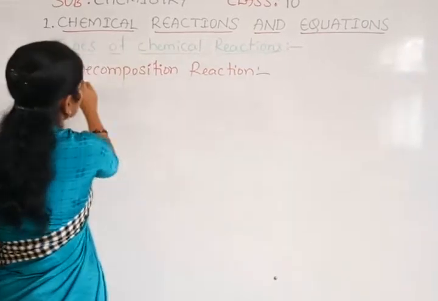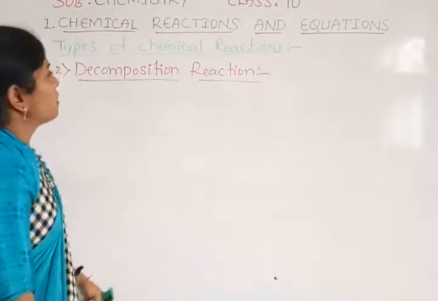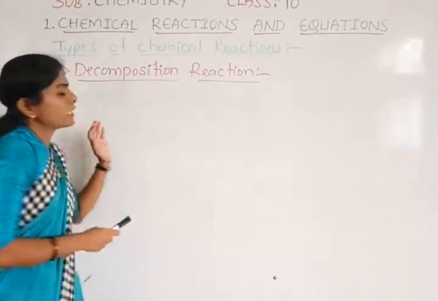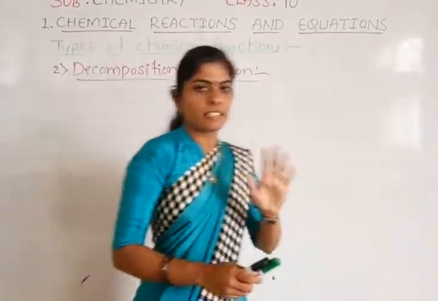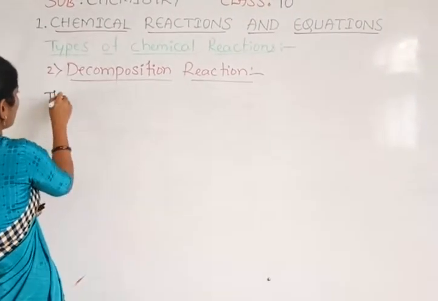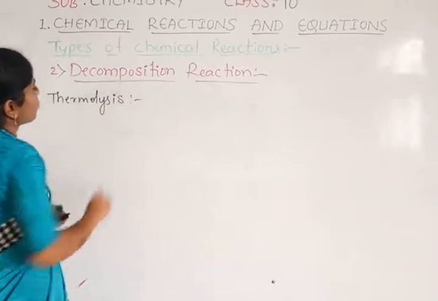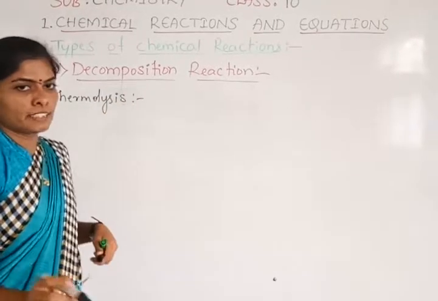So see, in this decomposition reaction what had happened here. So here the three types are there. So one example I am going to give you for each type. One is thermolysis. So thermolysis means it involves the heat.